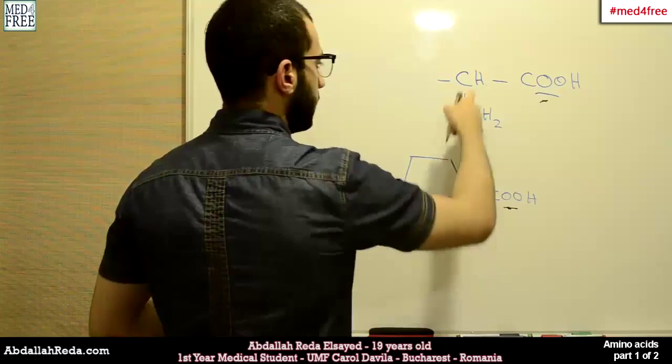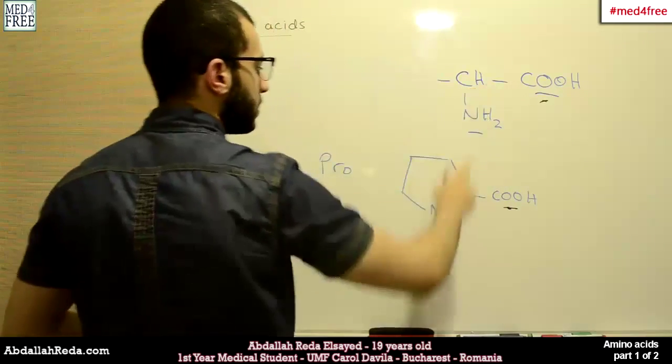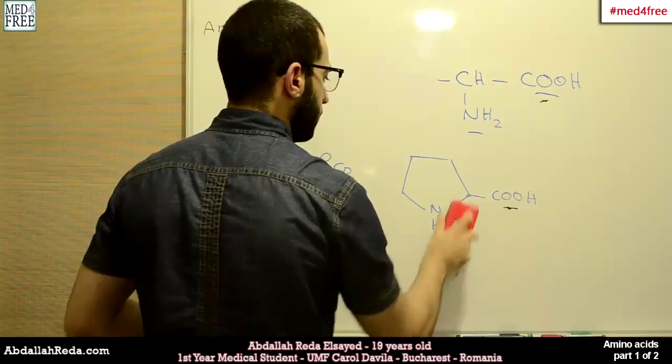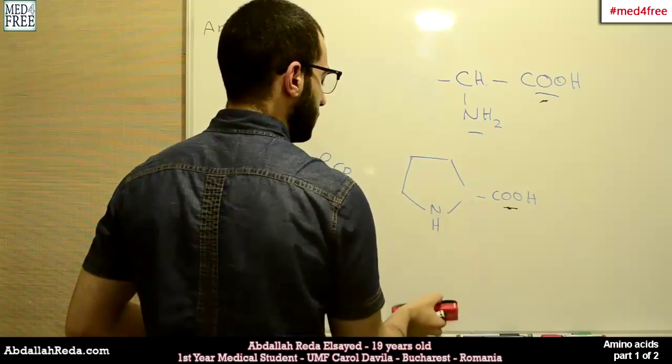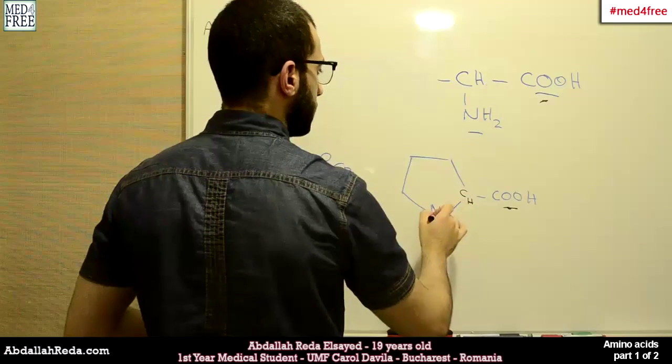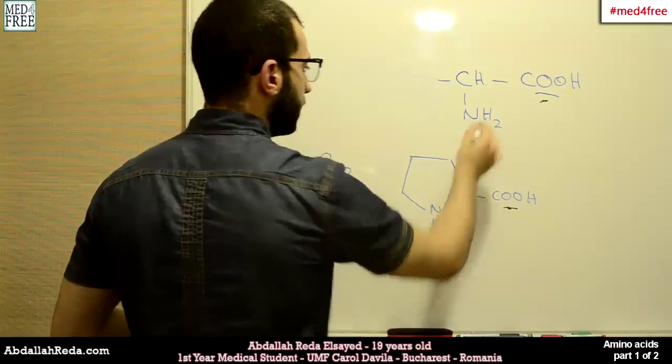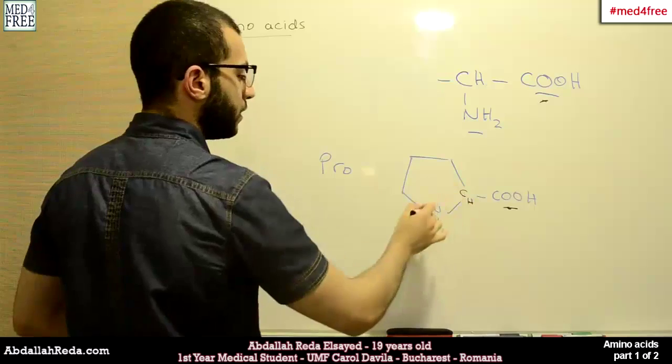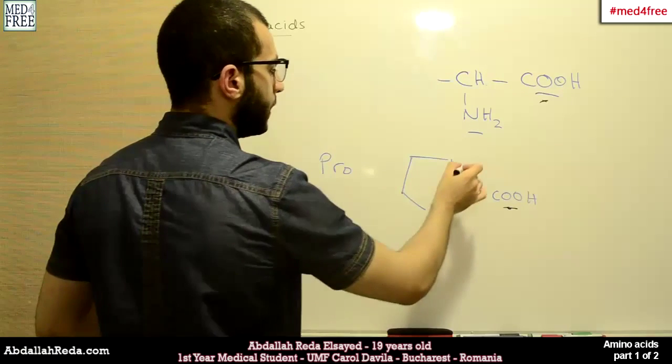Here we have our CH, and the CH is attached to the NH, which loses 1 hydrogen in order to form a bond here.